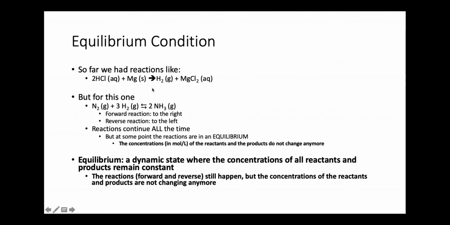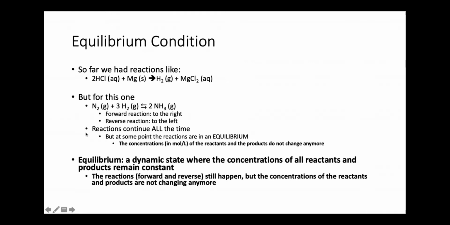But there are many reactions that have both a forward reaction and a reverse reaction. So we have N2 plus H2 becoming ammonia, NH3. But at the same time, ammonia is decomposing back to N2 and H2. So we have a forward reaction, a reaction to the right, so to products, and a reverse reaction to the left, so to the reactants.